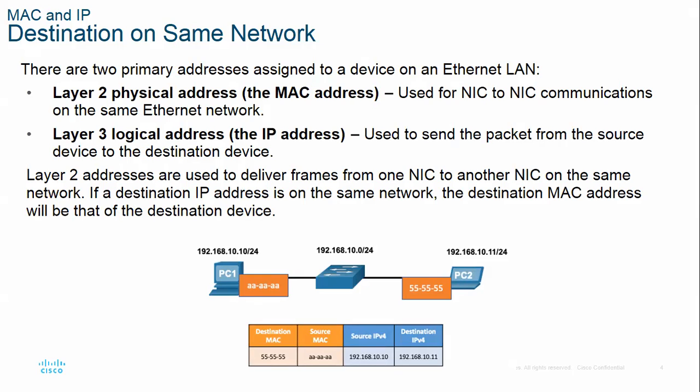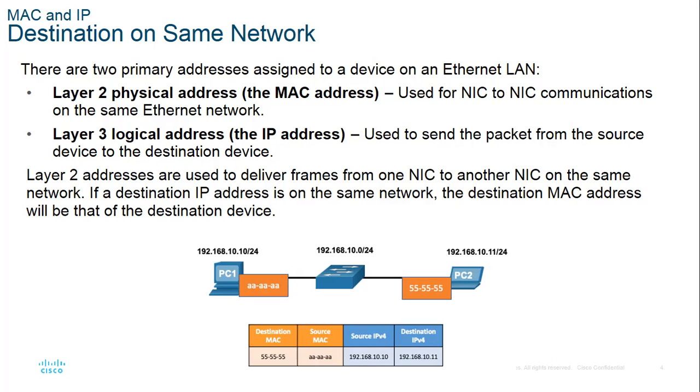If you are in a local network such as an Ethernet network, the physical address, which is a medium access control address, is embedded inside the NIC or network interface card to permit communication between two entities on layer 2.